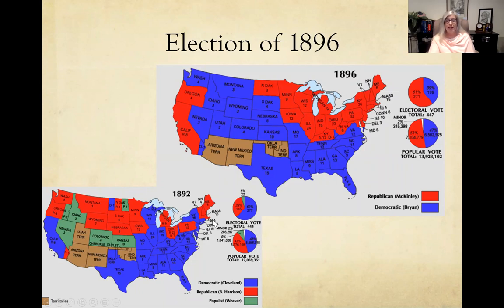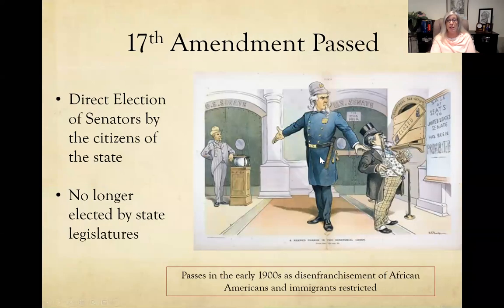The difference is that William Jennings Bryan does not carry New York, New Jersey, Connecticut. He doesn't carry any of these strongholds anymore. And I think a lot of that has to do with the amount of money that big business was pumping into this election and trying to play William Jennings Bryan out as someone who's going to destroy business. And he loses. So William McKinley is now president of the United States.